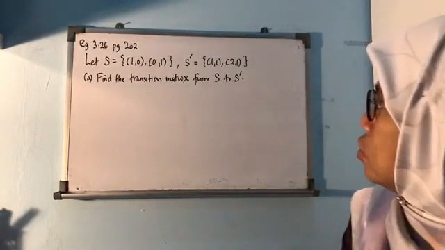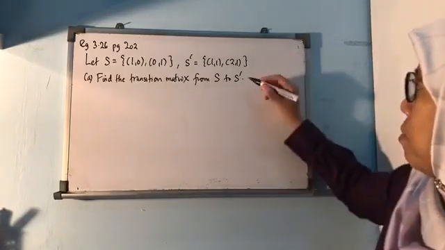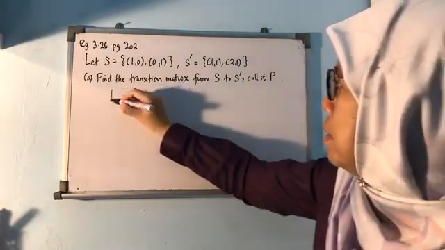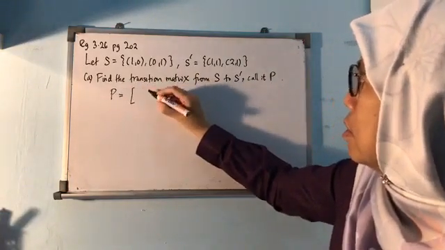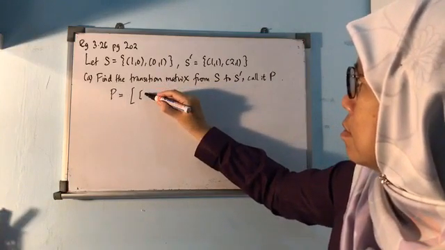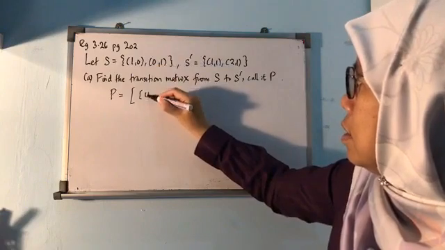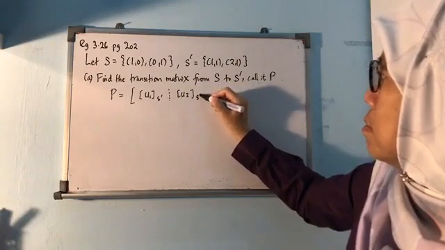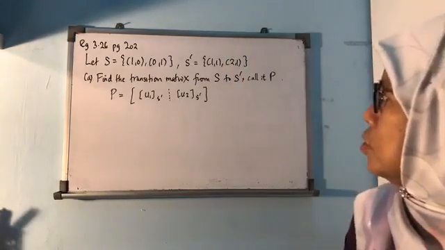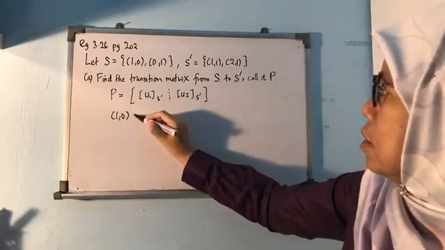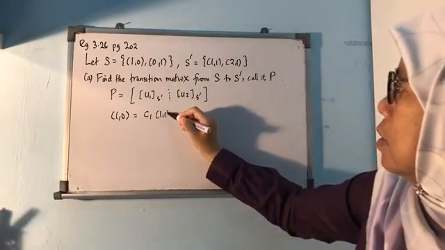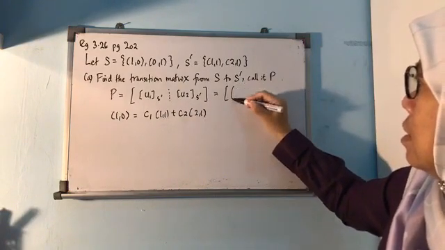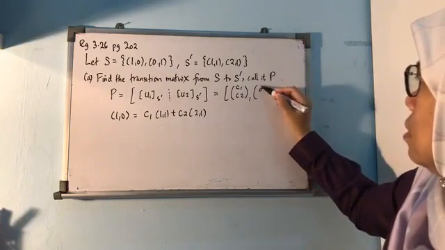To find the transition matrix from S to S prime, call it P, P is equal to U1 S prime, U2 S prime. So you will write 1, 0 equal C1 (1, 1) plus C2 (2, 1). Let me write this as C1, C2, D1, D2.